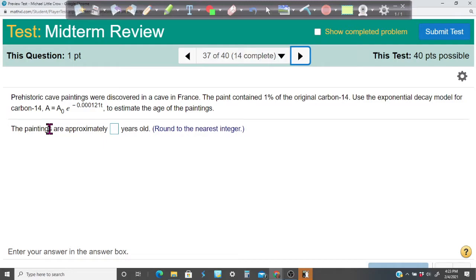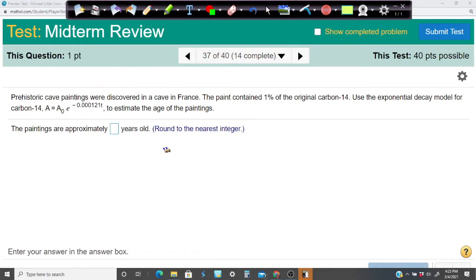So let's say we started with 100. We now have only 1. So instead of we start with 100%, we only have 1%. Or we had 1,000, then we'd have 10, however you want to do it.